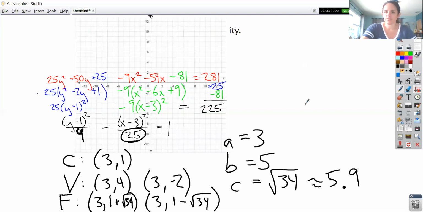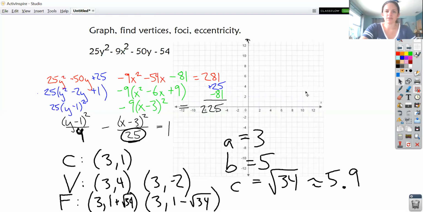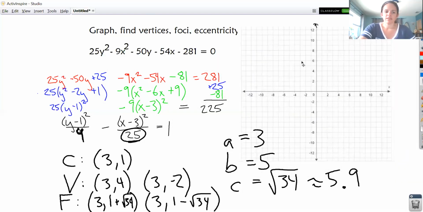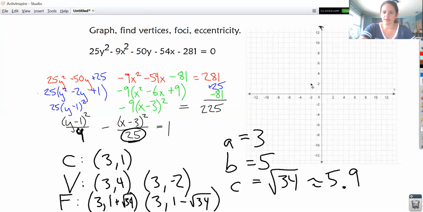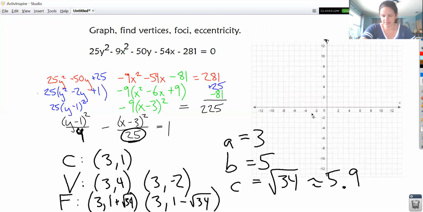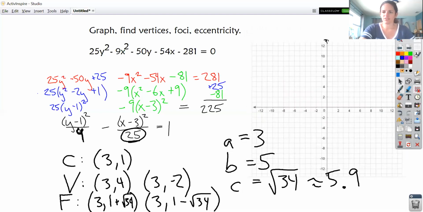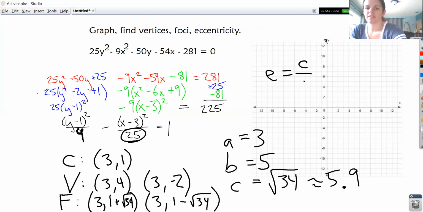So the question asked that I find the vertices and the foci, which I did, and I could graph it if I wanted to. And it's also asking for eccentricity. Eccentricity, just like with the ellipses, is still c over a, but because the focus points are farther away from the center than the vertices, that means c is bigger than a, which means that this is top heavy.